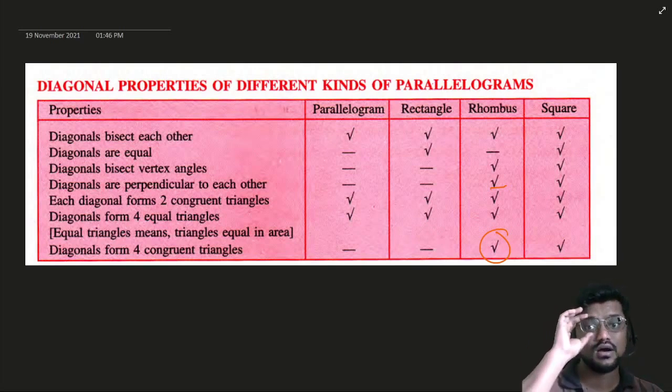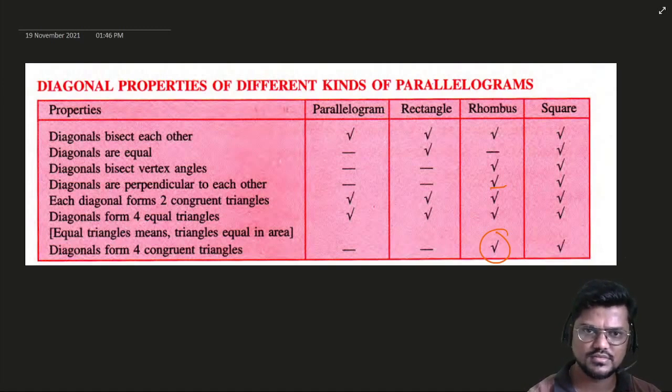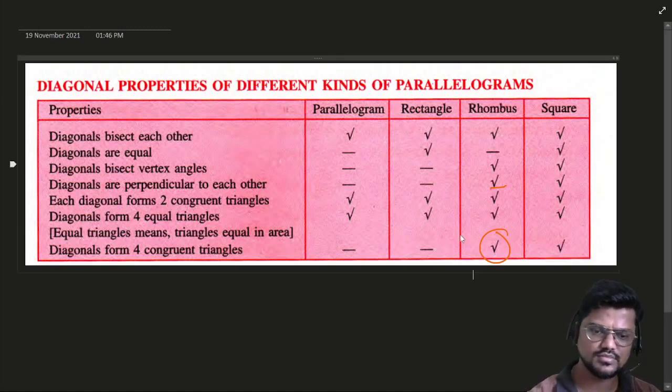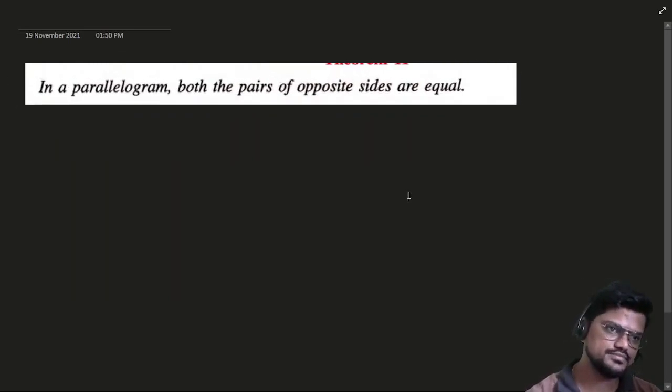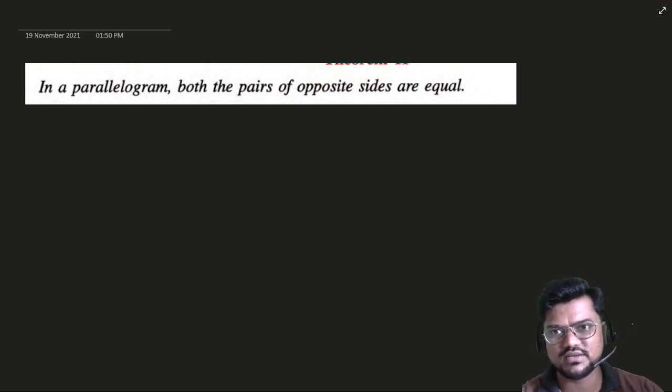Fine. So the first theorem is that in a parallelogram both pairs of opposite sides are equal. How do we say that both pairs of opposite sides are equal? See, how can we say that?